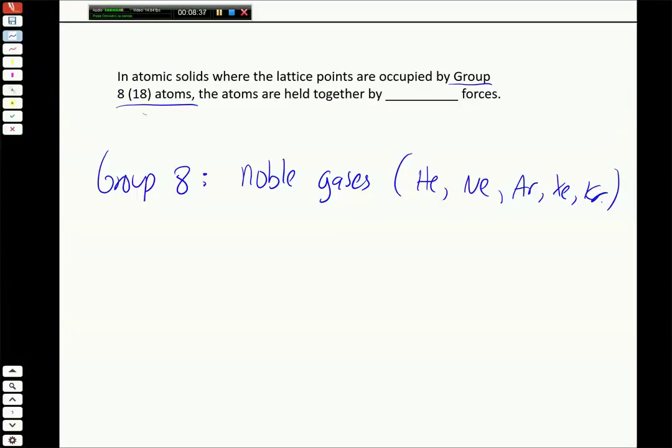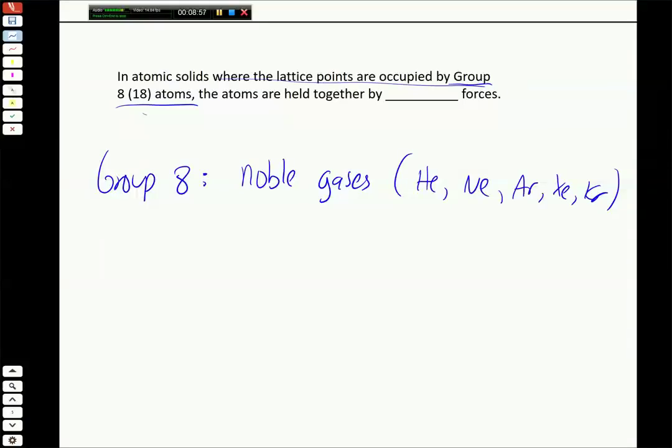Now we know that these are called noble gases, which means under standard conditions at room temperature, they exist as gases. But if we cool them down low enough, they would go into the solid phase at some temperature. So if we have an atomic solid made up of these elements, we want to know how the atoms are held together.